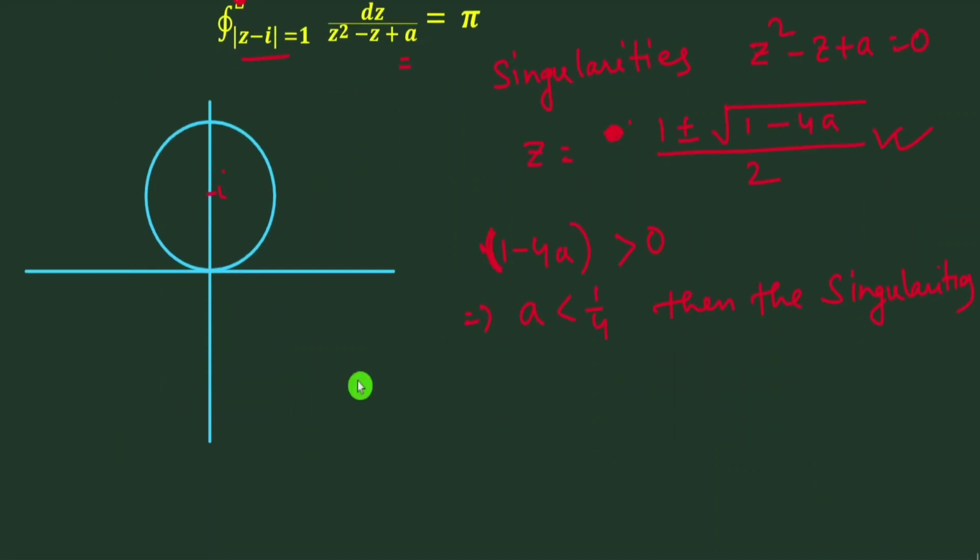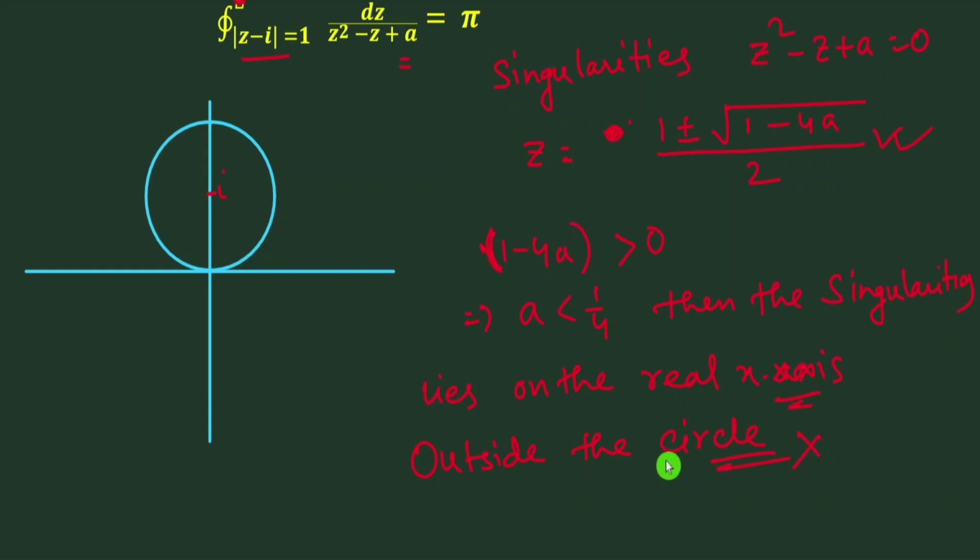If this is greater than 0, then the singularities lie on the real x-axis and at non-zero points. Therefore these are outside the circle, and since our interest is the singularity inside the circle, these are none of our business.